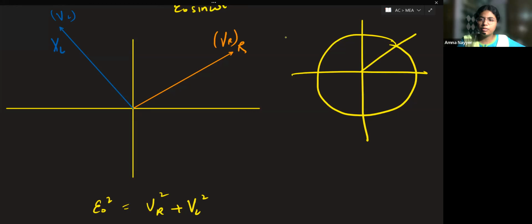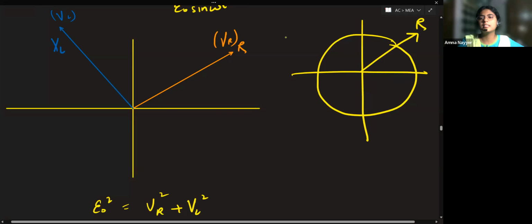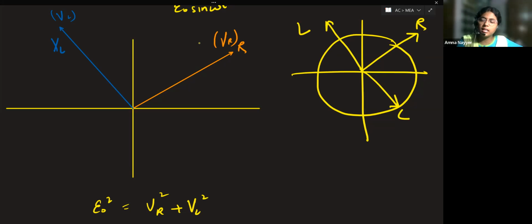See, if we take the resistor here, then the inductor is always drawn over here and the capacitance is drawn over here. This represents that in a circuit having a capacitor, the voltage lags by 90 degrees, that's why we draw it here. For inductors, we draw it here because in inductors, voltage leads by 90 degrees.